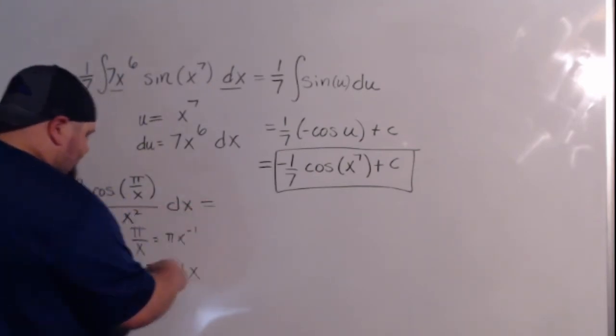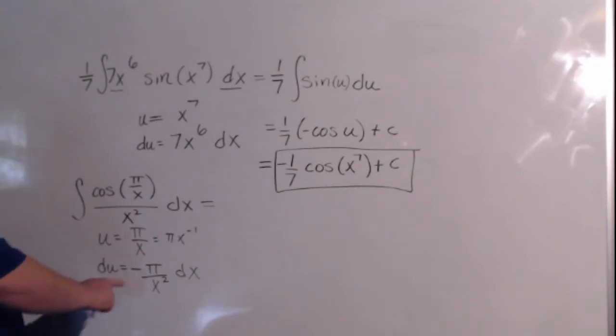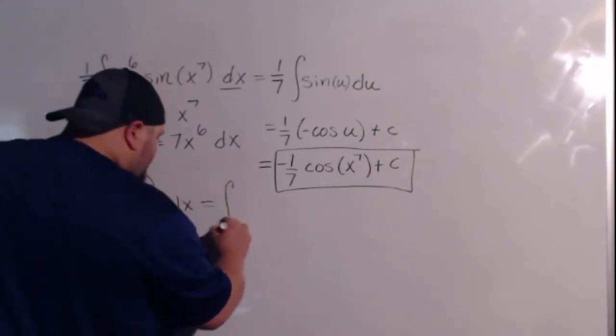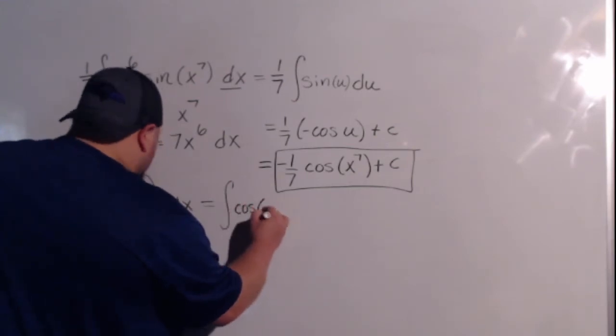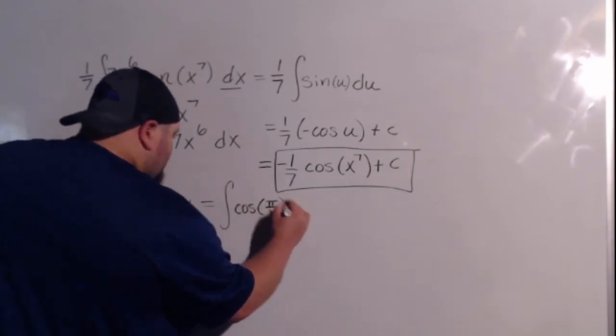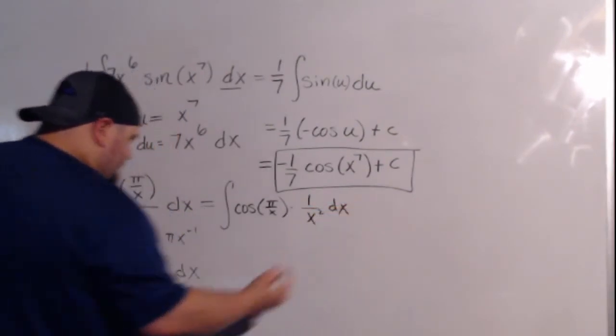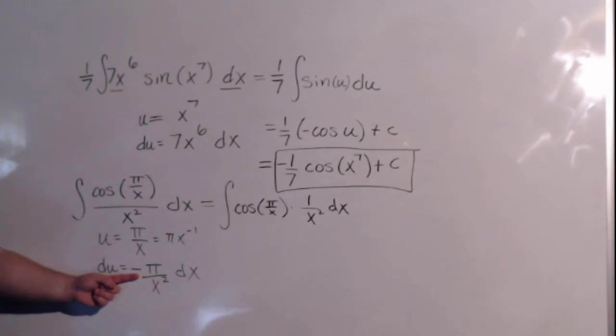So before I can substitute anything, I need to introduce a negative pi in here. So again, if you want, you could write the cosine off to the side and then say times 1 over x squared dx. As I said, I'm missing the minus pi.